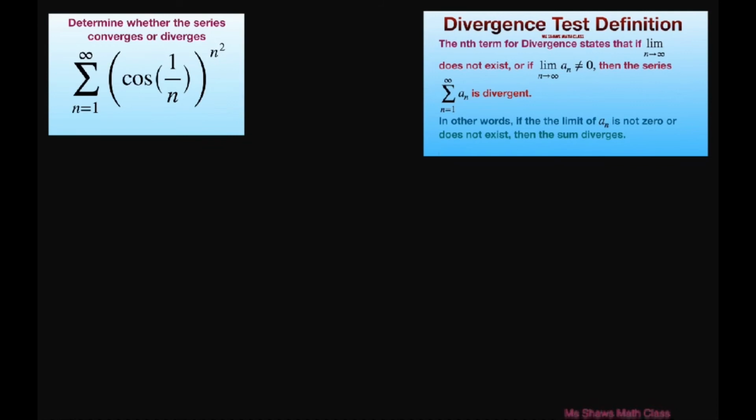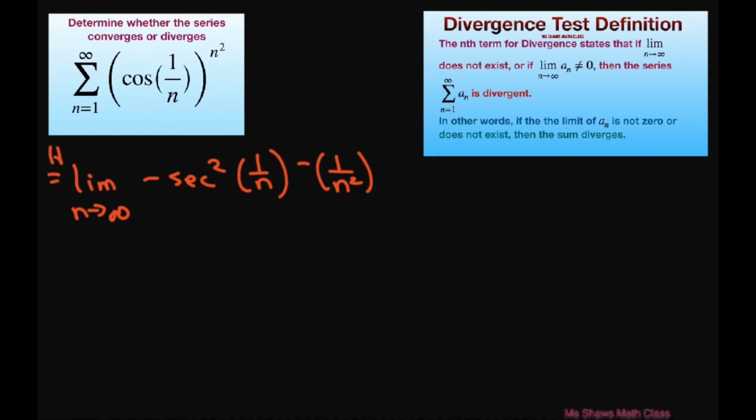And we're going to get, with L'Hopital's rule, negative secant squared of 1 divided by n times negative 1 divided by n squared. Let me put the limit. Forgot the limit. So this is going to be the limit as n approaches infinity, and we're using L'Hopital's rule, divided by negative 2 divided by n squared.